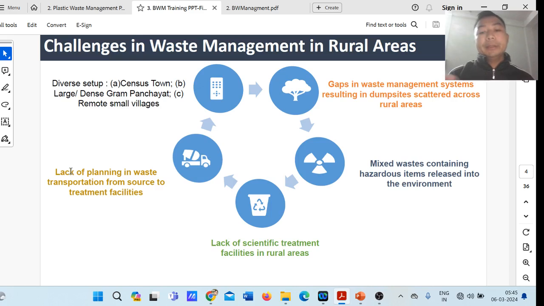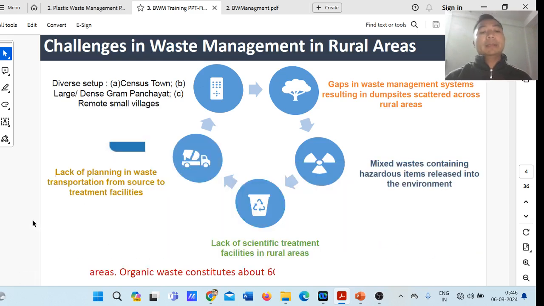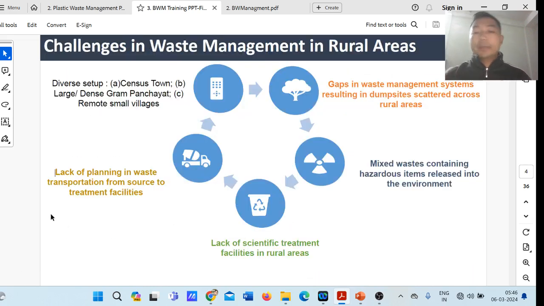These are some of the challenges that we see in India: a diverse setup of census towns, large dense panchayats, and remote rural villages, and lack of planning in waste transportation.